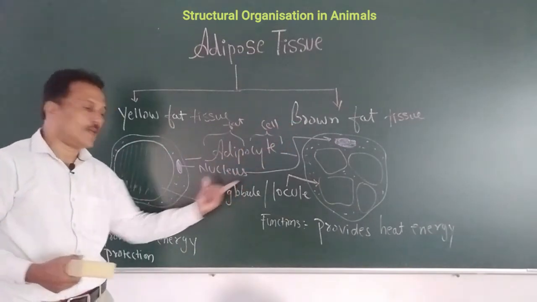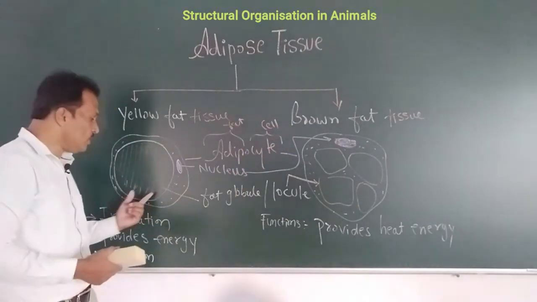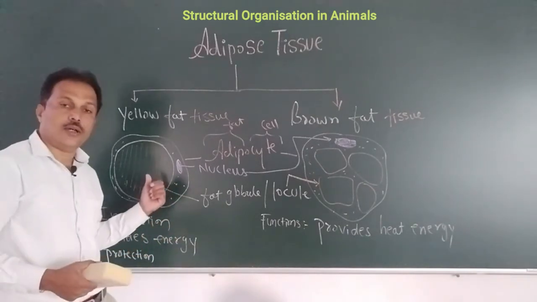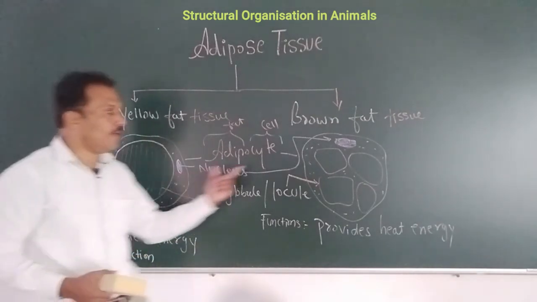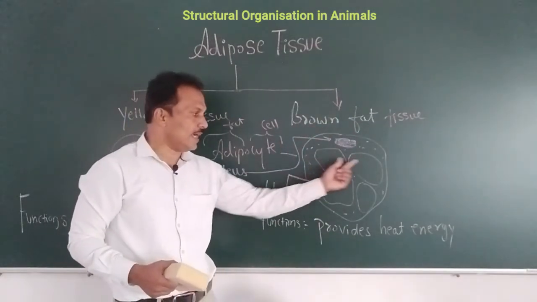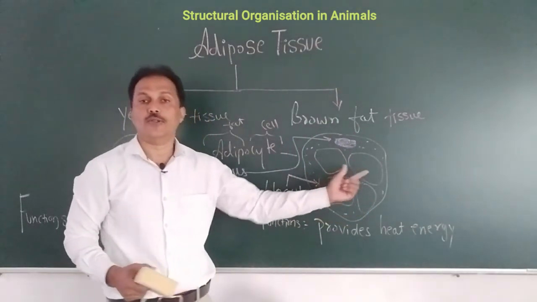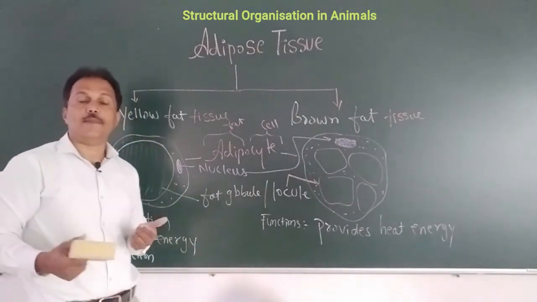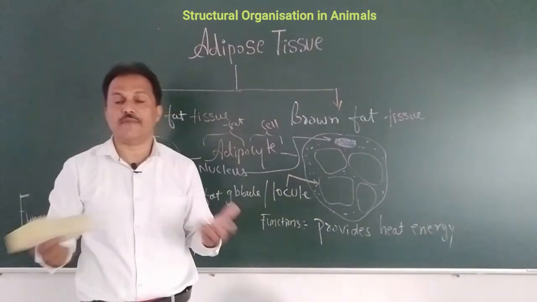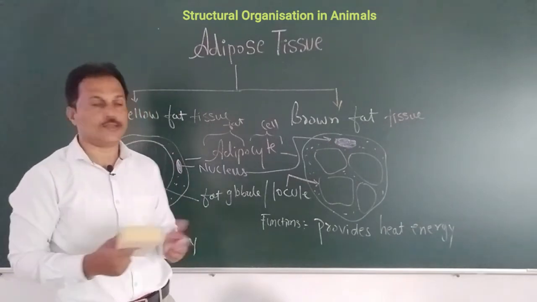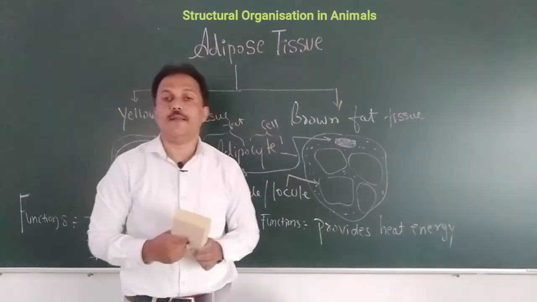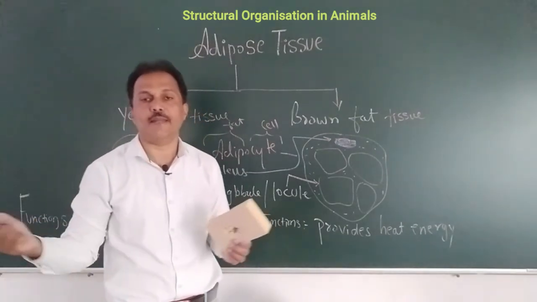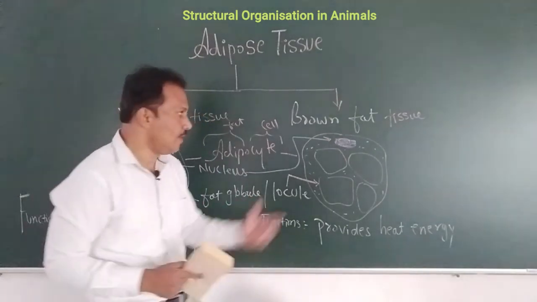The adipocyte in yellow fat tissue has only a single large fat globule; it is single locular, whereas in brown fat more than one fat globule or locule is present. Yellow fat is mainly present under the skin and surrounding various organs, as already discussed. Brown fat is mainly present in baby infants, and hibernating animals such as frogs.